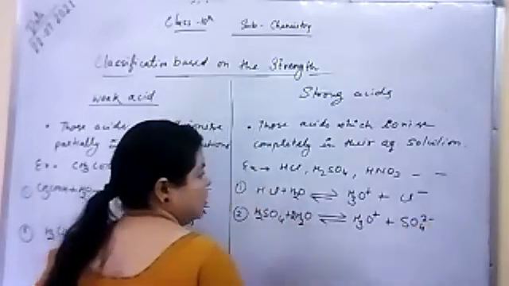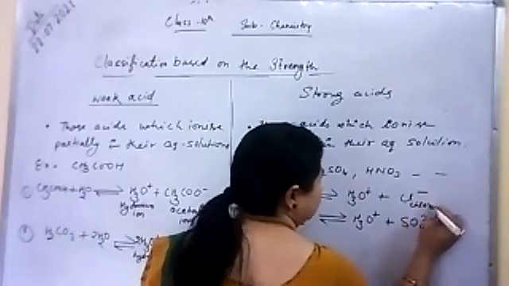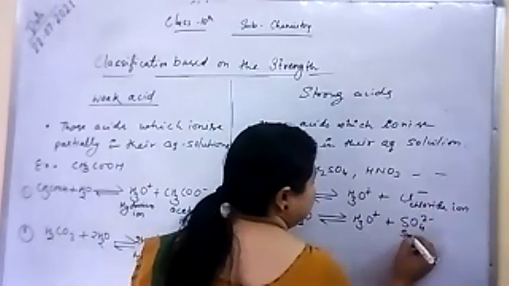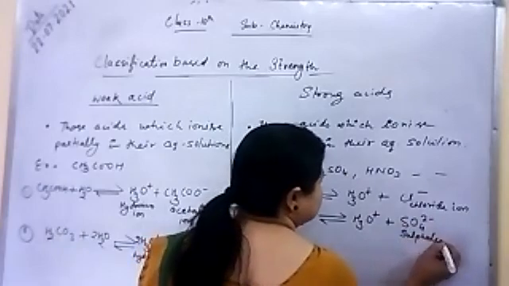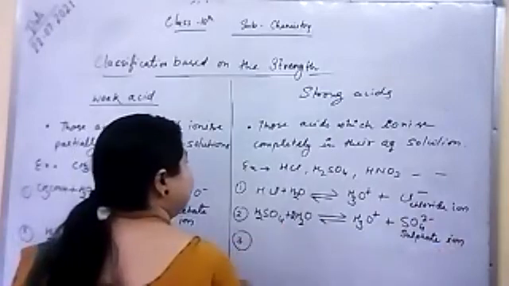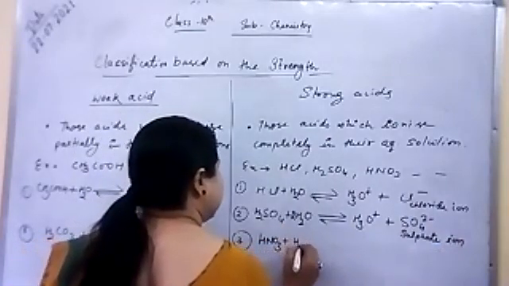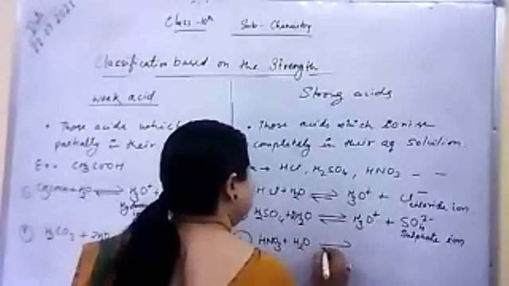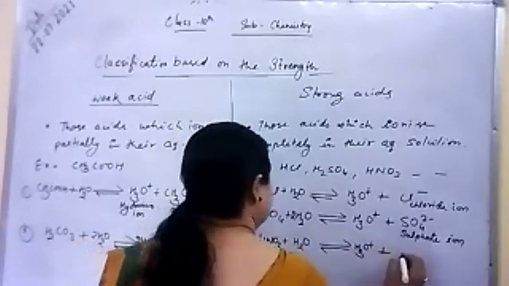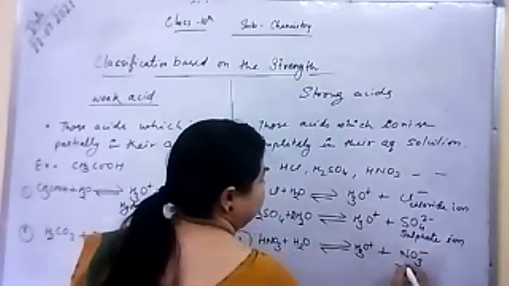Its name is chloride ion, and this is sulfate ion. For the next example, when HNO3 will ionize in presence of H2O, it will ionize into H3O+ plus NO3-. This is called nitrate ion.